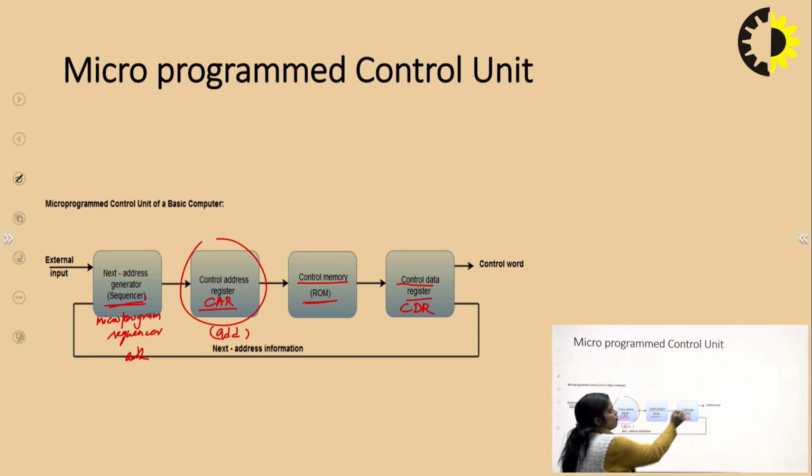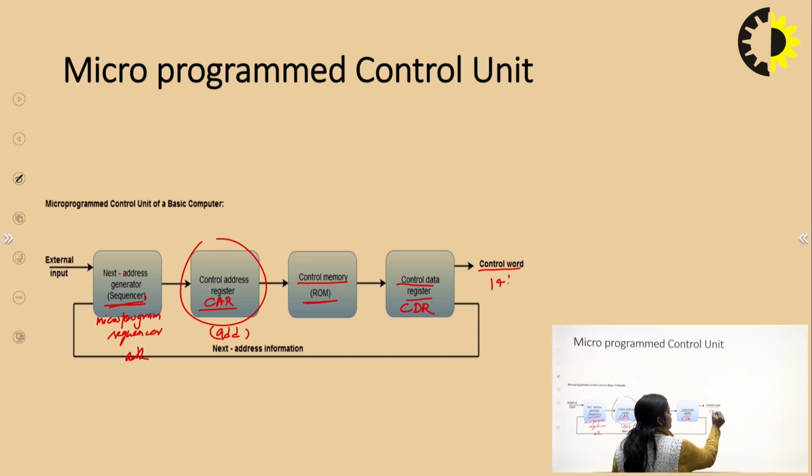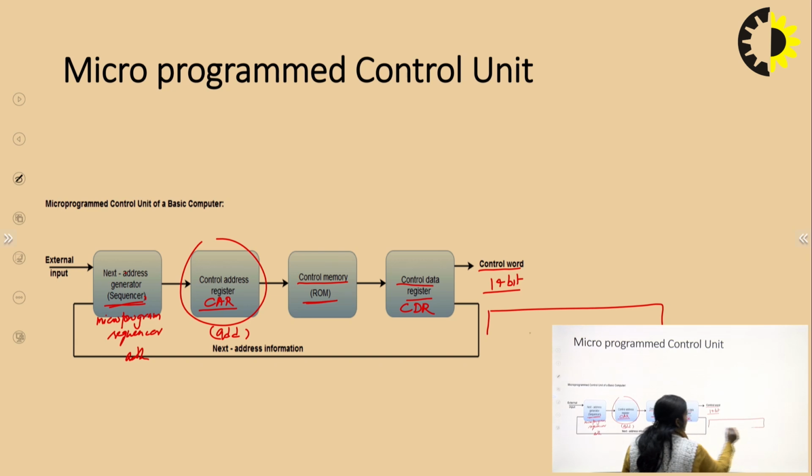And next the control data register, and the overall output will be generated as control word. Control word, as you know, is a 14-bit value, and this control word is like this: select A, select B, select D and opcode.